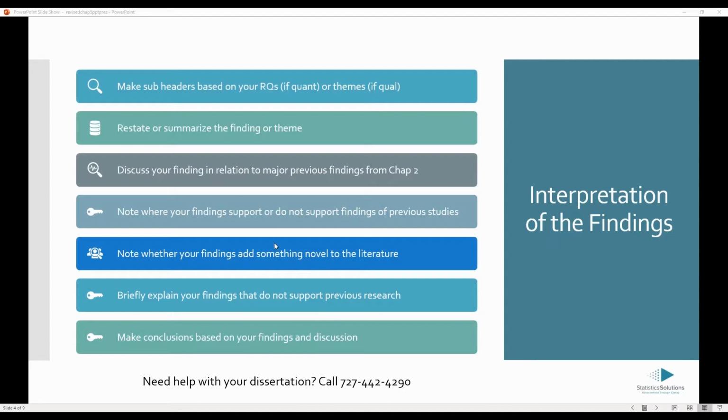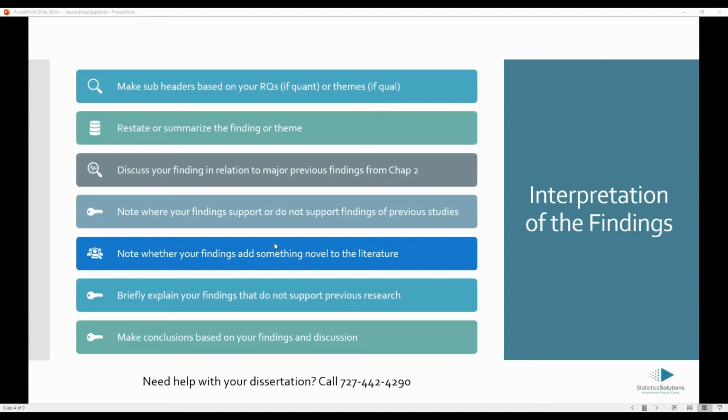And so here are some steps to go about when you're setting up and writing this section. It's always good to organize the material somehow in this section, because it helps you as a writer to organize your thoughts. It also helps the reader to follow along and make sense of what you're saying.